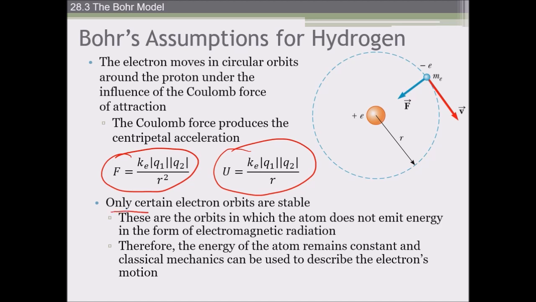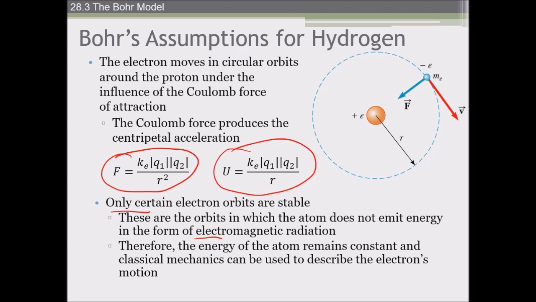But only certain electron orbitals are stable, which is not explained by these equations. These orbitals do not emit energy in the form of electromagnetic radiation as they're going around, even though they're accelerating, right? We said that all light is created when a charged particle decelerates or accelerates.